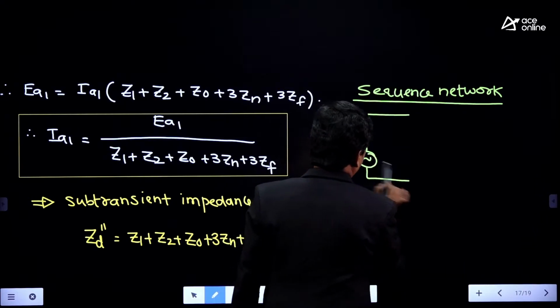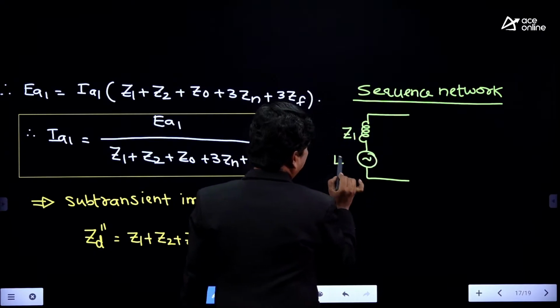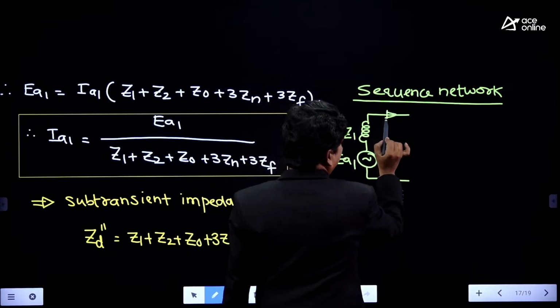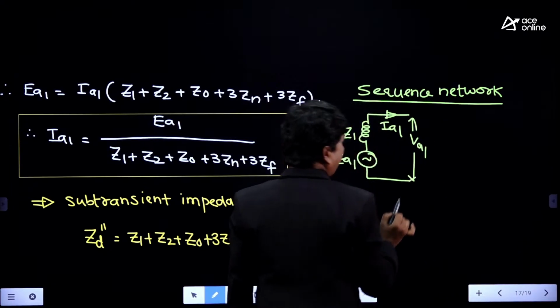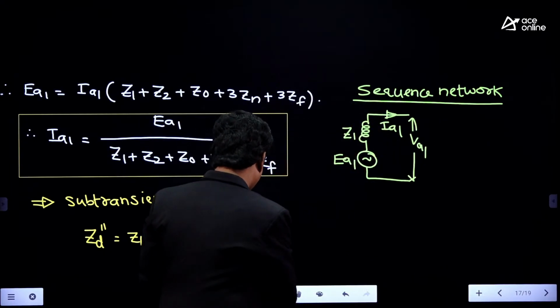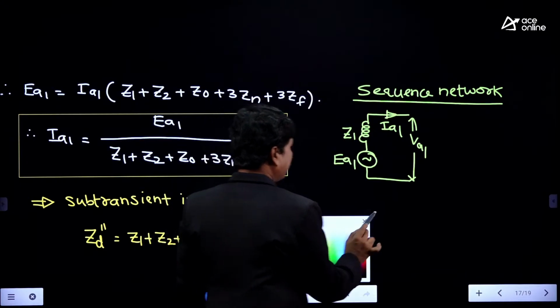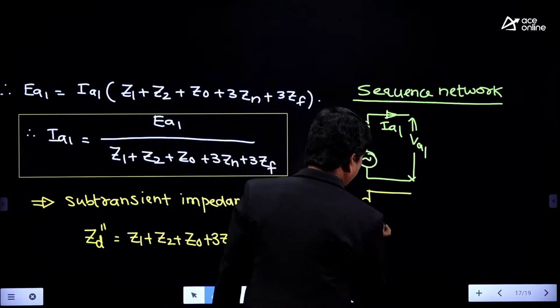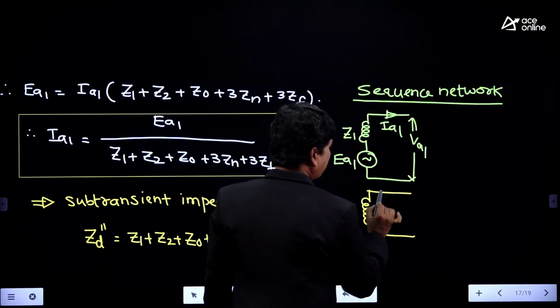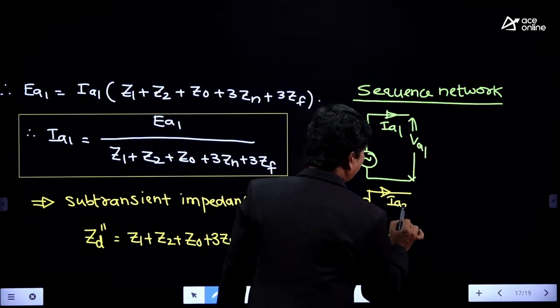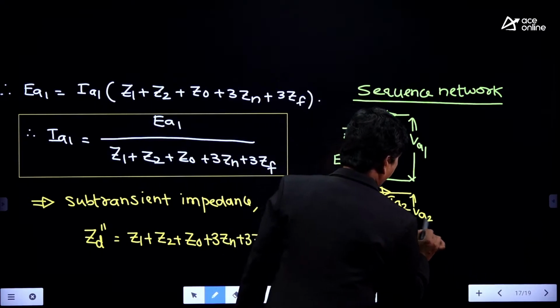No change: Z1, EA1, the current is IA1 and the voltage is VA1. And we have to draw the negative sequence network, and it will be in series with that one. Here I am drawing the negative sequence network consisting of only the negative sequence impedance. The impedance is Z2, the current is IA2 and the voltage is VA2.